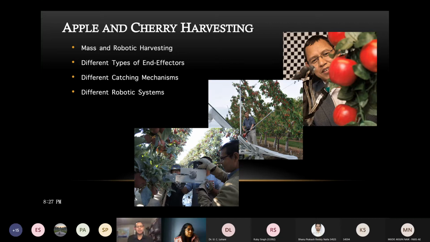Things like that. And different catching mechanisms for mass harvesting systems. We are trying and experimenting with multiple layers of catching mechanisms, different kinds of foam material to capture fruit and things like that. And then we integrate these technologies into a robotic system and evaluate different kinds of those robotic systems in performing different field operations.